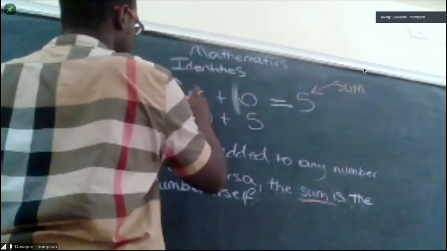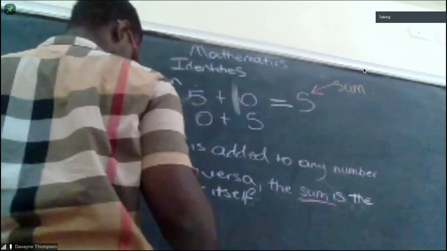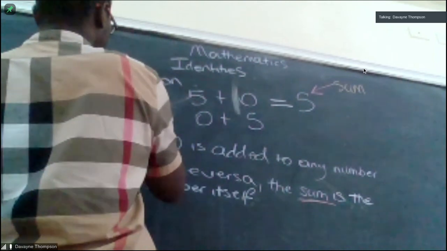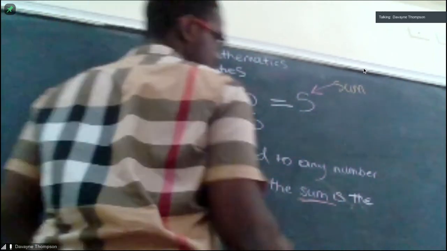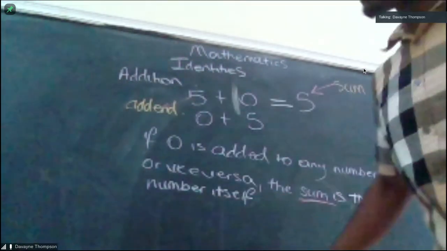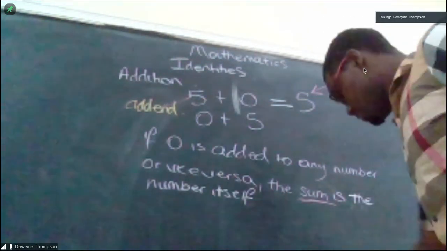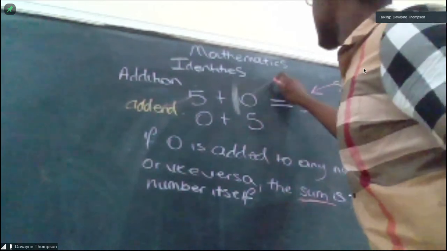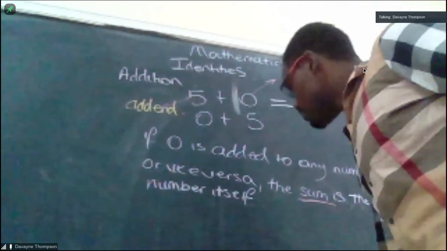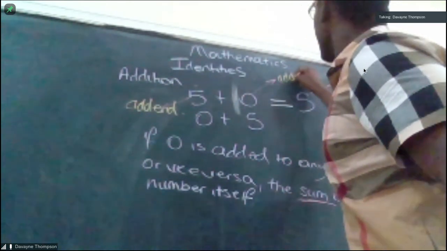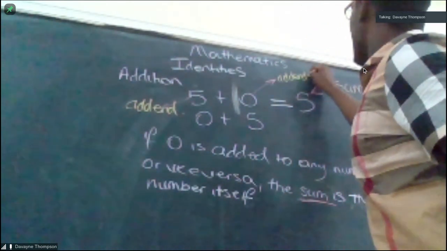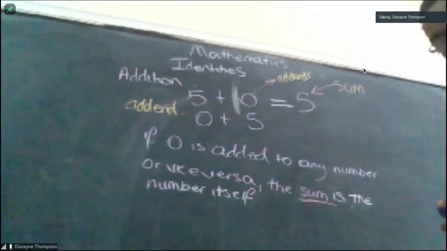It's called an addend. So we've identified two things so far. There should be two addends, but we're missing one thing. So these are addends, and we know the result is a sum.